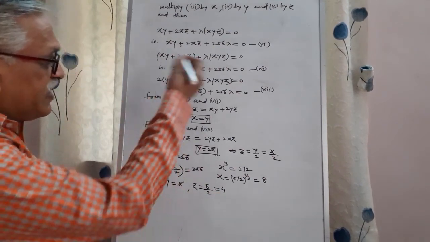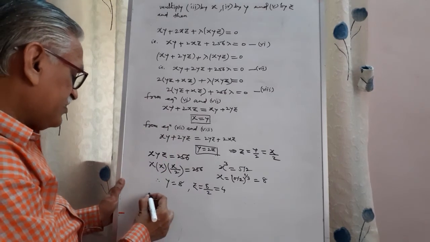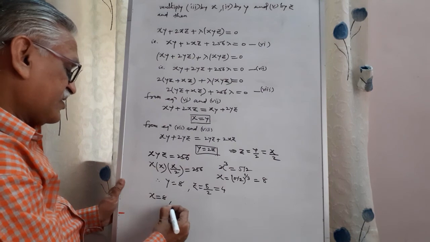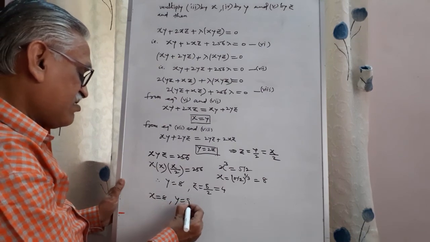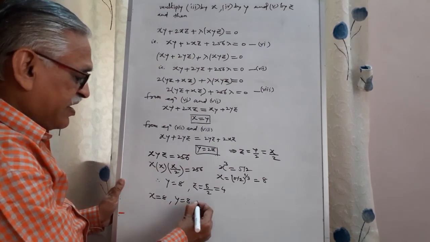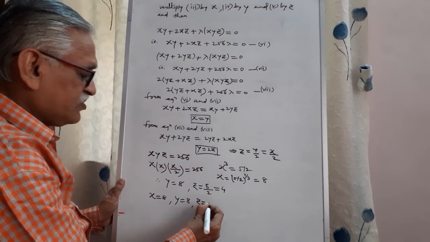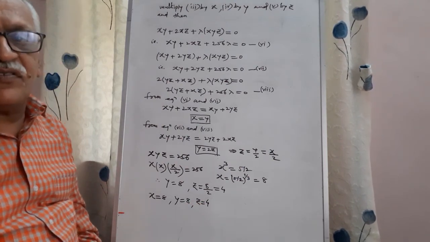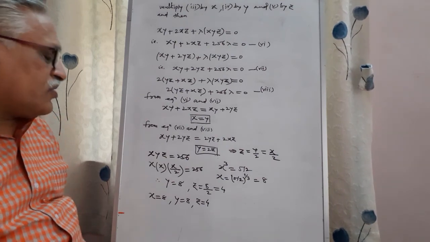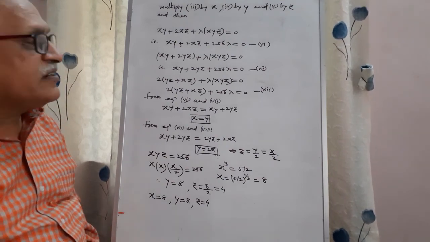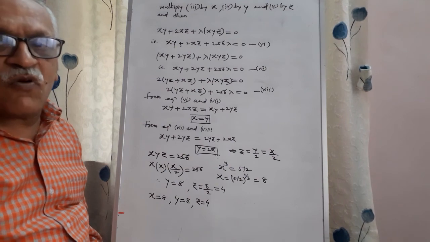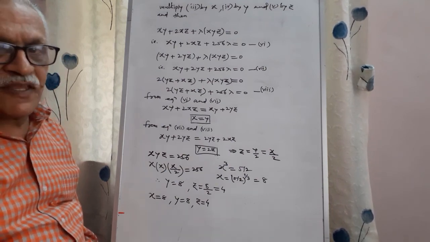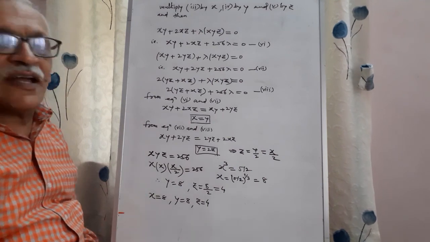Therefore the dimensions of that rectangular box are length x equals 8 feet, y equals 8 feet, and z equals 4 feet. These are the dimensions required for the least material to construct that rectangular box whose top side is open, and this is obtained by Lagrange's method.